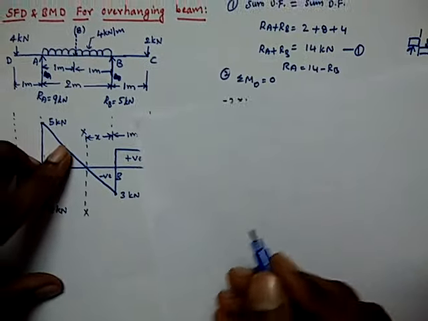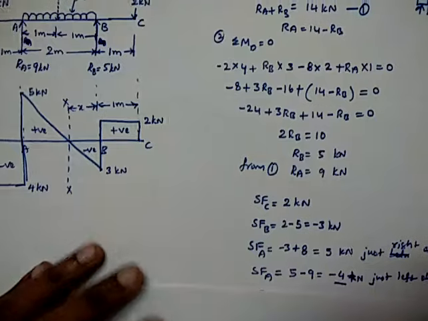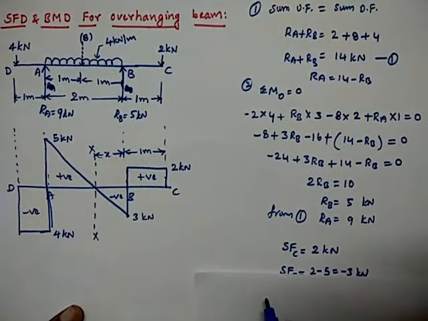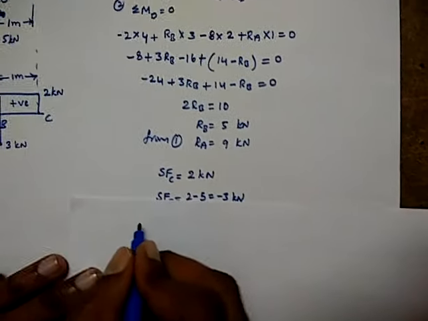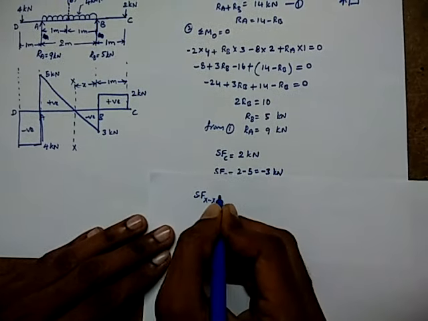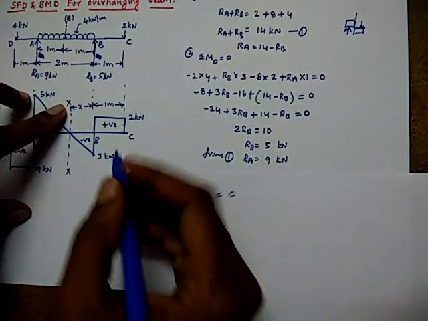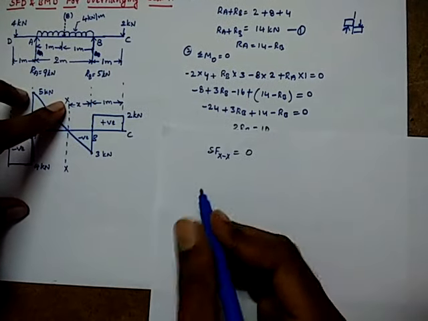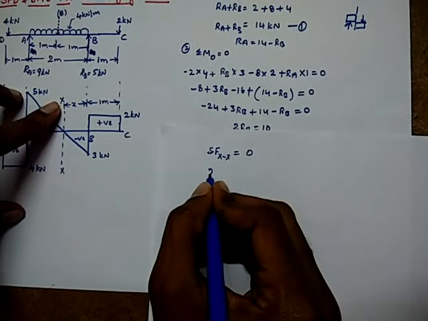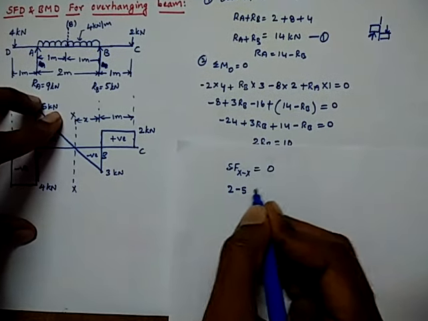such that we find the shear force at XX and equate it to 0, because from the diagram we know that the shear force at XX is 0. So 2 kilonewtons is acting downwards, which is positive, plus 2, and here 5 is going upward, so negative 5.